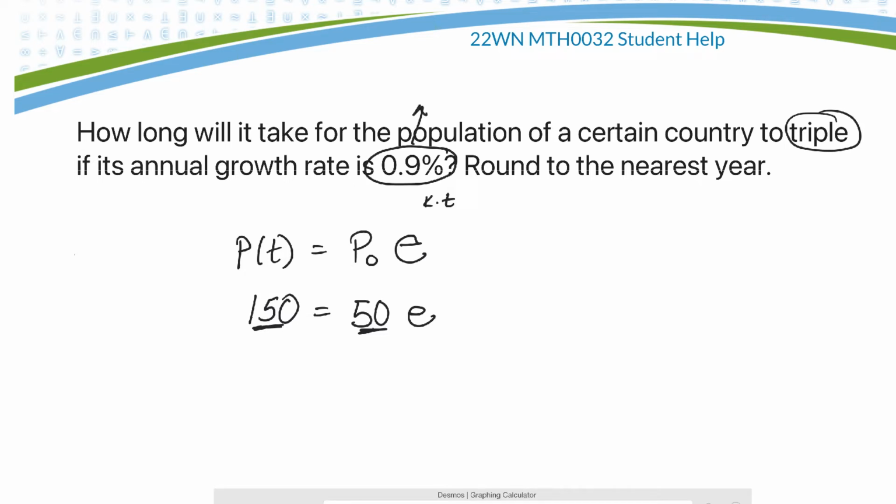If I change that to a decimal, I've got to move it over to 0.009. So that's my k, 0.009 times t. To solve, first I'll divide both sides by 50, and I'll get 3 on the left side is equal to e to the 0.009 t.